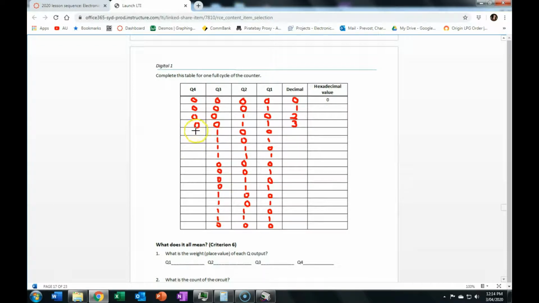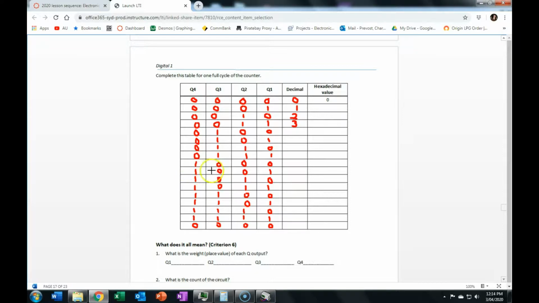And finally, this one is 8 zeros, then 8 ones. See the patterns forming here is that this one changes every pulse, this one changes every second pulse, this one changes every fourth pulse and this one every eighth pulse.